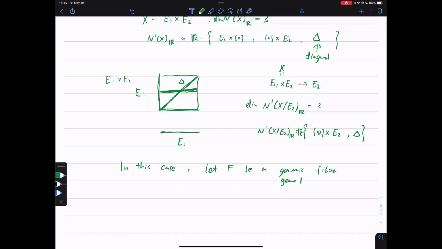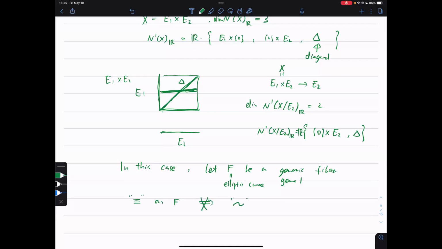In this case, on this fiber, numerical equivalence does not imply linear equivalence, because this F is just an elliptic curve. Numerical equivalence on F no longer implies linear equivalence.